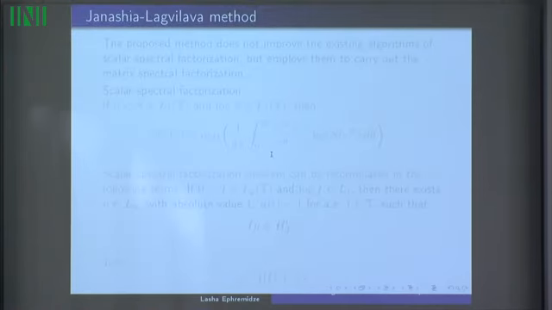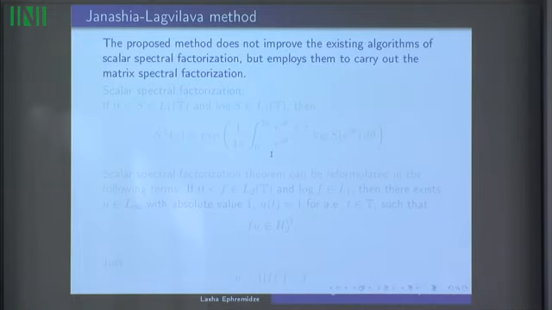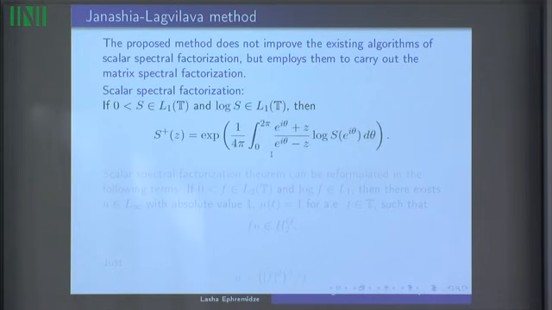I will now start describing the method, and first of all I will emphasize that this method does not introduce any novelty in the scalar factorization. It uses scalar factorization, the formula for scalar factorization, and in general it is assumed that scalar factorization is relatively easier than matrix factorization.